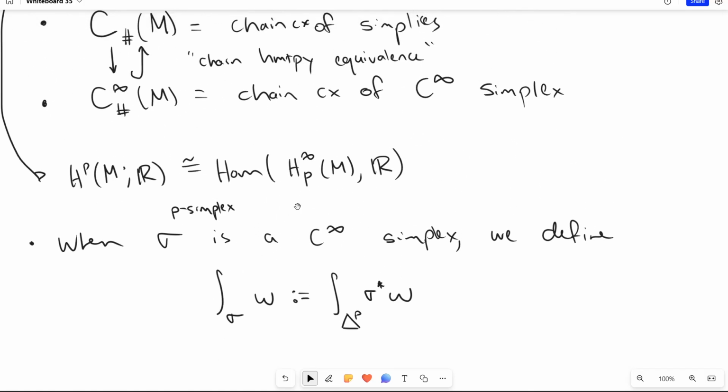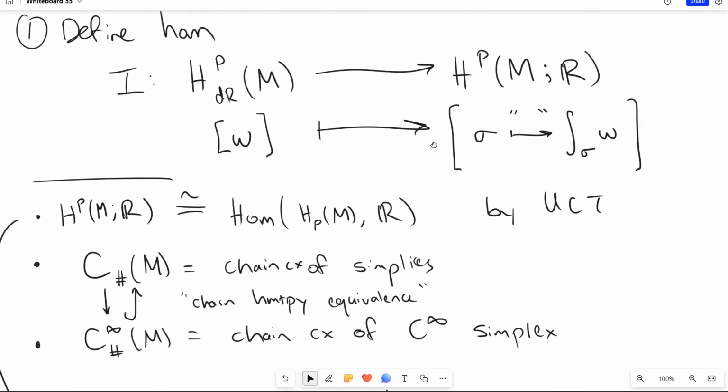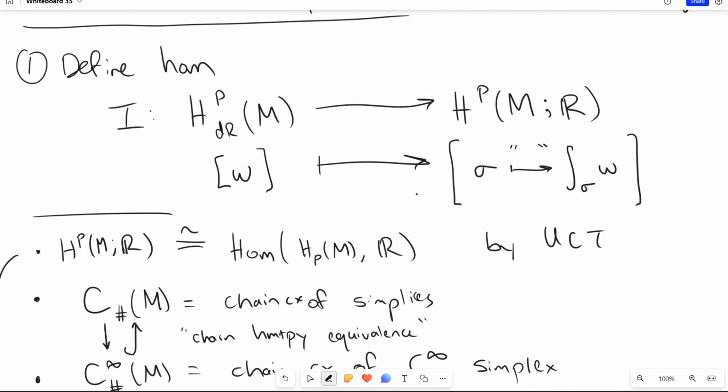So in this way, we actually can make this definition, where we take a differential form, or an element of the de Rham cohomology, an equivalence class of a differential form, and we can map it to the cohomology class, which is assigning to a smooth chain the integral over that smooth chain of omega.